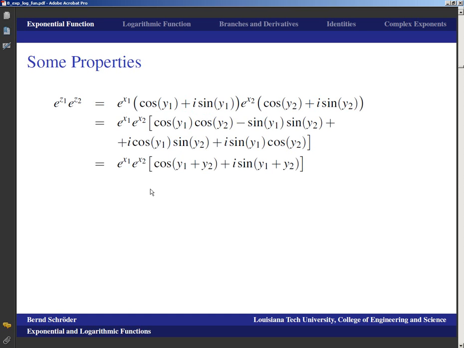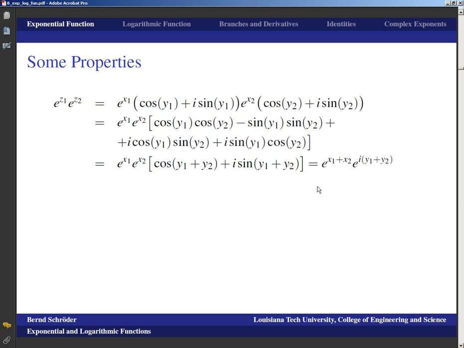And if we put that together, e to the x1 times e to the x2 still stays in the front. Cosine y1 cosine y2 minus sine y1 sine y2. From trigonometry, we know that that is cosine of y1 plus y2. And if we pull the i out here, we get cosine y1 sine y2 plus sine y1 cosine y2, and that's sine of y1 plus y2.